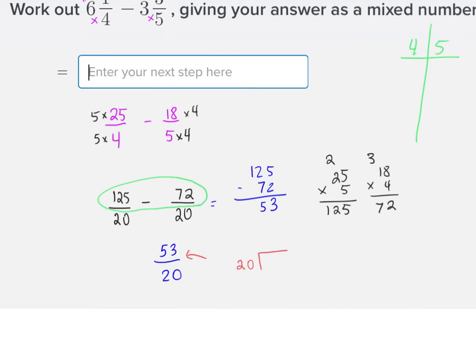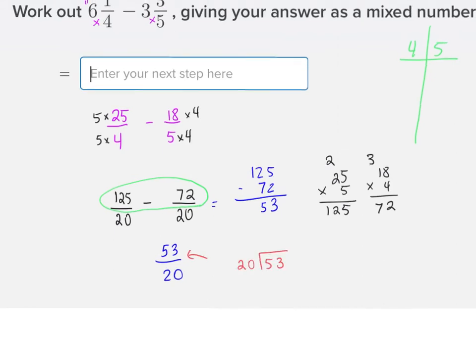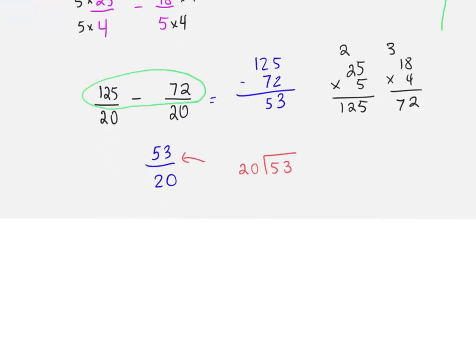I'm going to go ahead and divide again here. Once I divide, it goes in 2 times, and I get 13/20ths. This would be my final answer here.